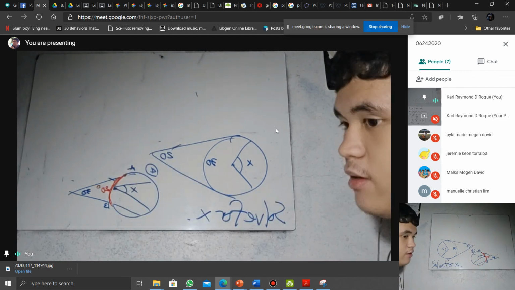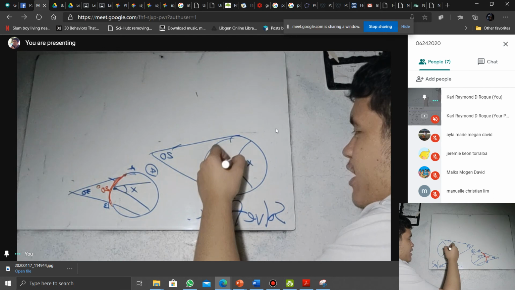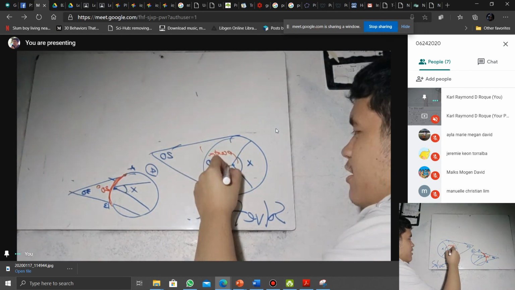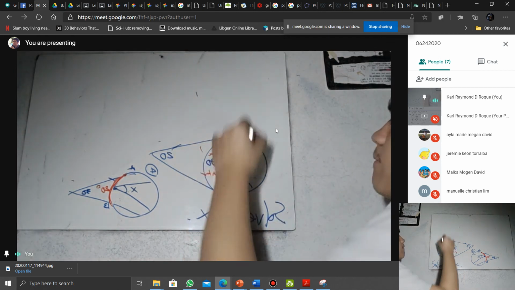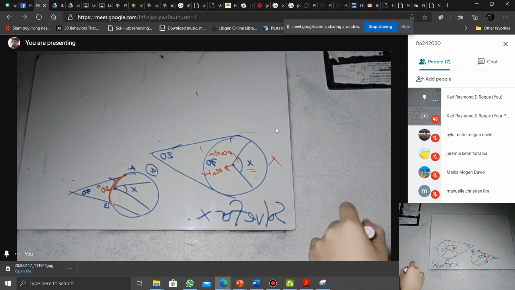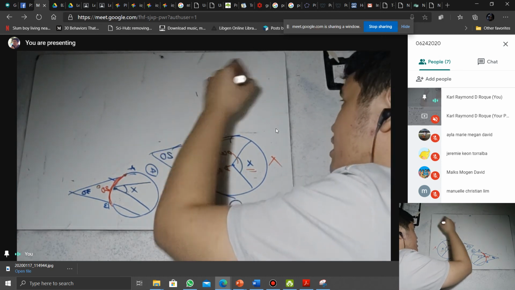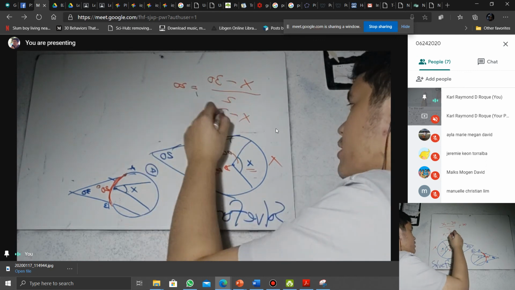Number 2, ganito. Central angle ito, by the way. Hindi ko na-specify na center ito eh. Okay? Sige. Dahil x ito, x din yung measure ng arc. Tama? Okay. X minus 30 over 2 equals 20. X minus 30 equals 40.